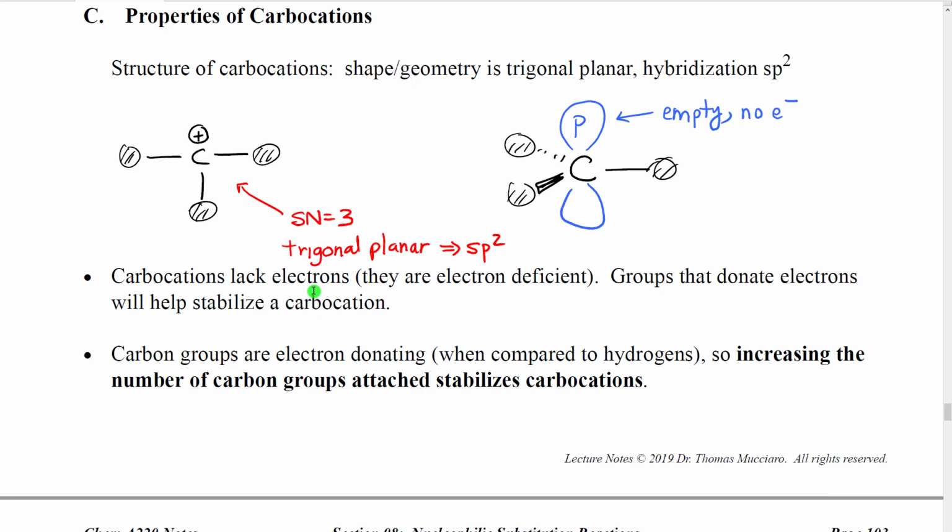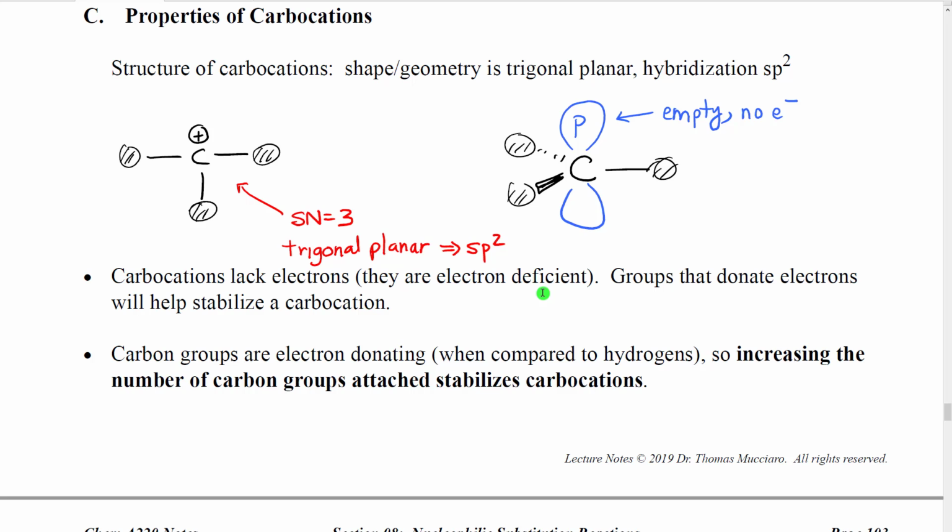Now, carbocations fundamentally lack electrons. If you have a positive charge, you have fewer electrons than you need to balance out all of the positive charges in your nuclei. We have a term that we use for that. We say that they are electron deficient.